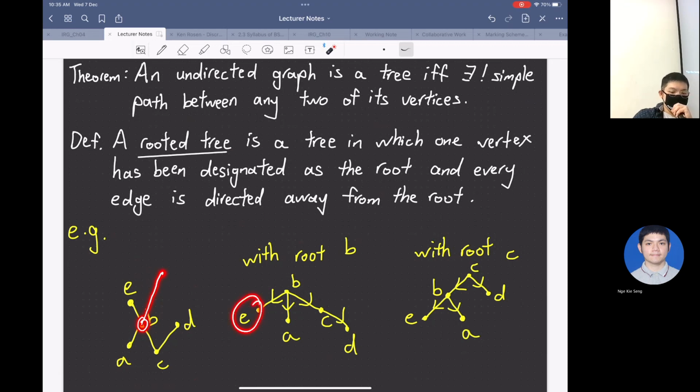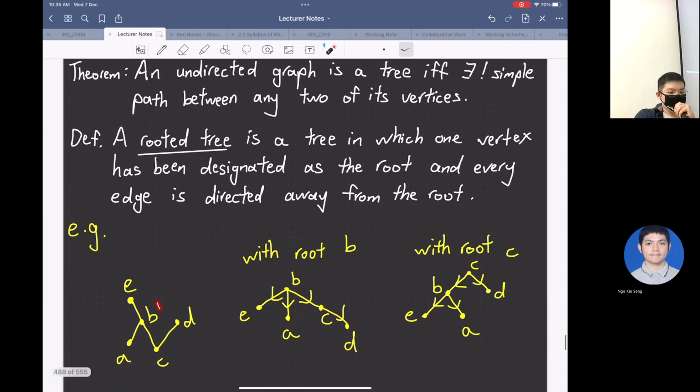So you can see that E, A, C, D will be directed away from B. And D is the furthest away from B because the length of the path is more than the others, for example, E and A from B.